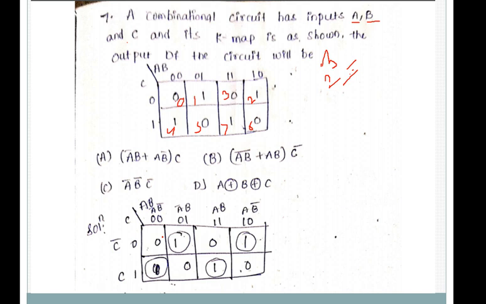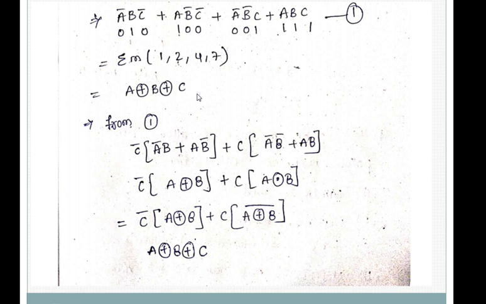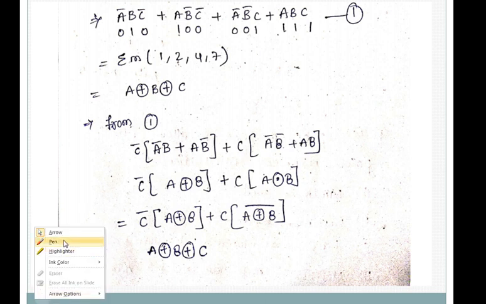In order to do that, I am drawing this again, and I am selecting the ones wherever we are having the ones. So this is 1, 2, 4, 7. Whenever the output expression consists of the terms 1, 2, 4, 7, directly you can write it as A exclusive OR B exclusive OR C. For an exclusive OR gate, if you apply 3 inputs, then you will get 1, 2, 4, 7.